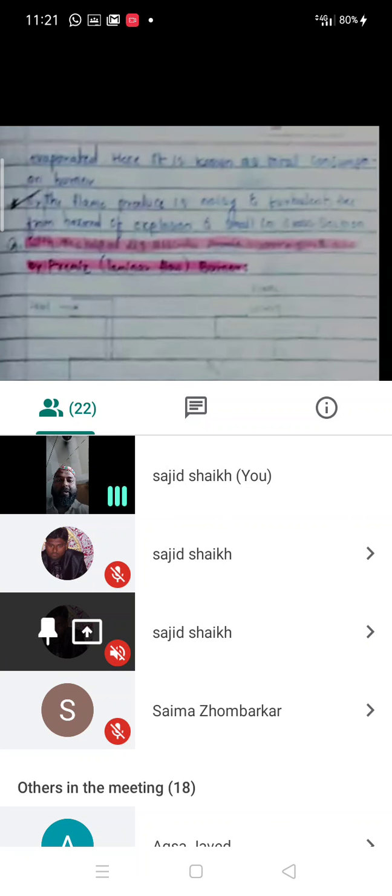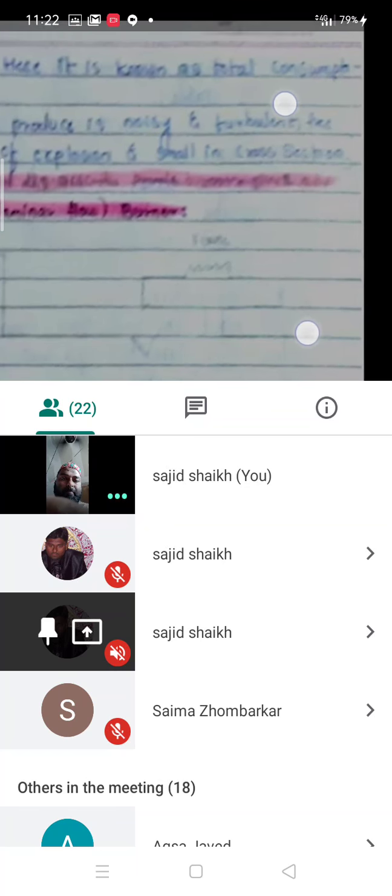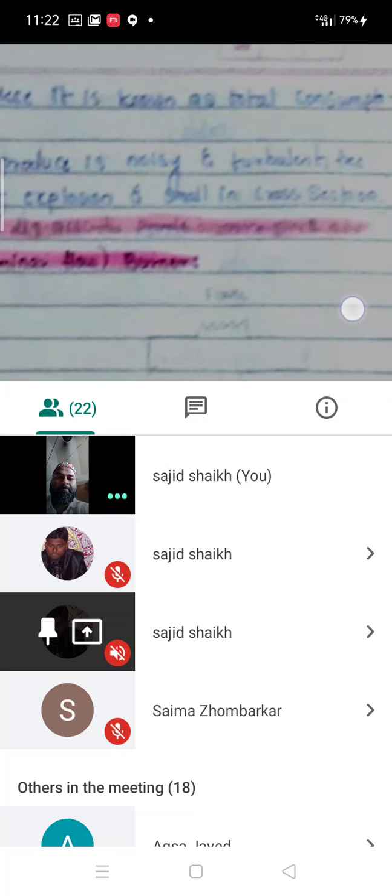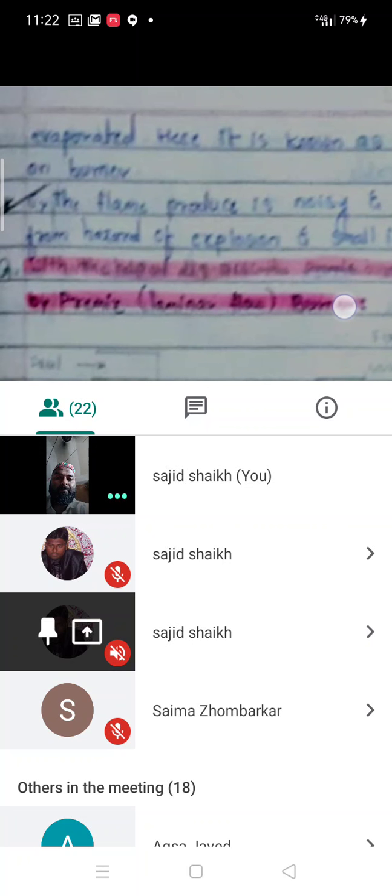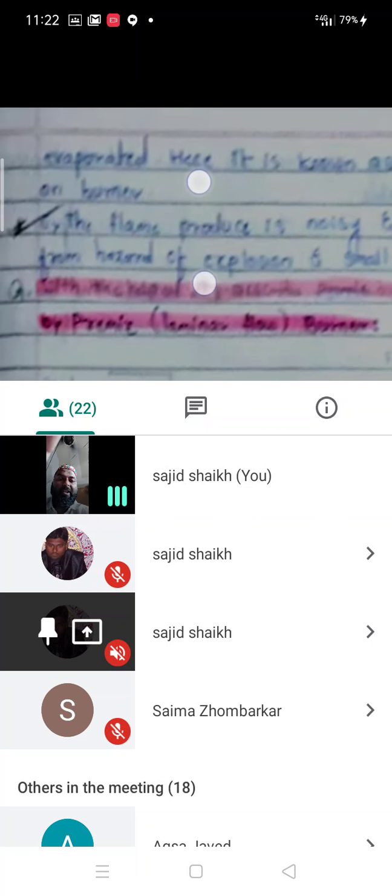The flame produced by this total consumption burner is noisy and turbulent, and it may form a hazard of explosion, and is small in cross section.